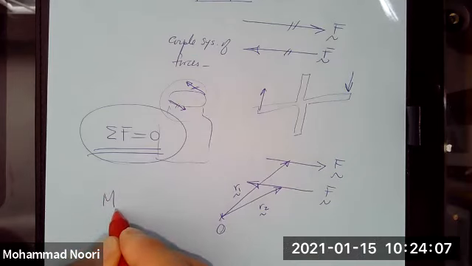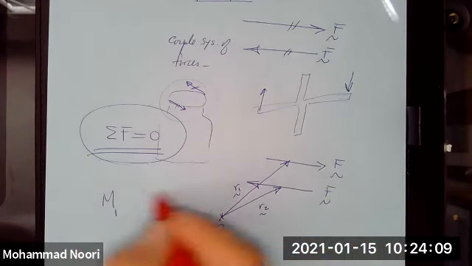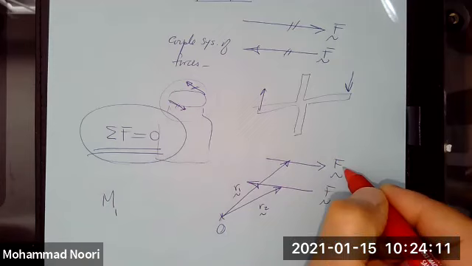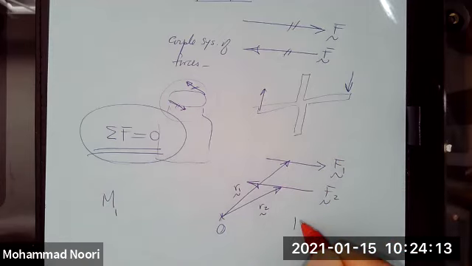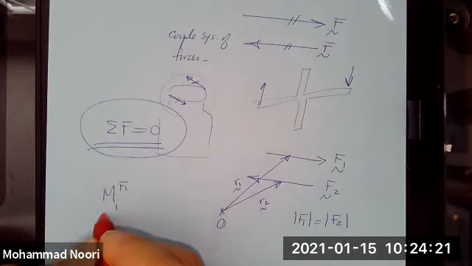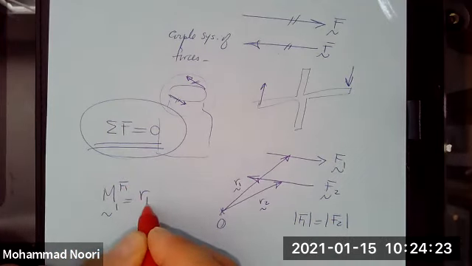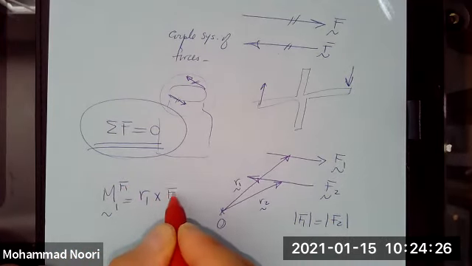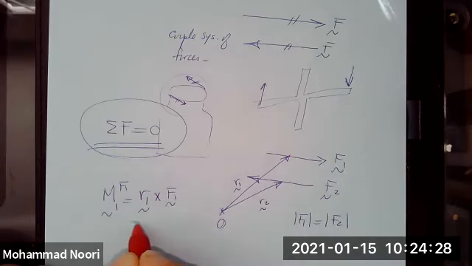Let me call moment one the moment for this force, F1, and F2, knowing that, of course, F1 and F2 have the same magnitude. So moment one, which is for F1, would be R1 cross F, right?